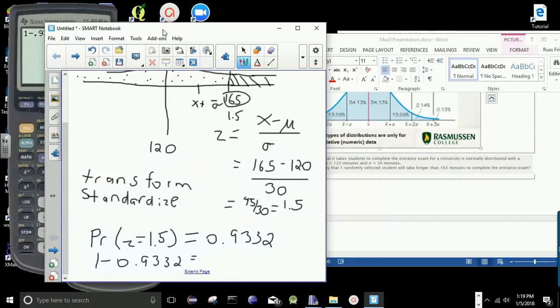Yes, I believe that is the correct answer. So 6.7% chance that one student will take longer than 165 minutes.